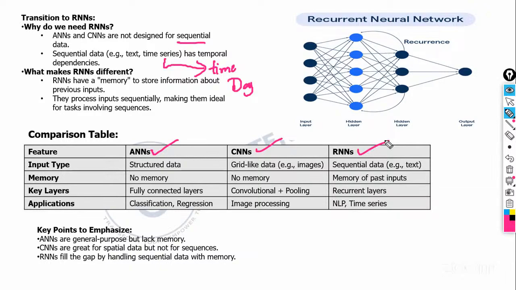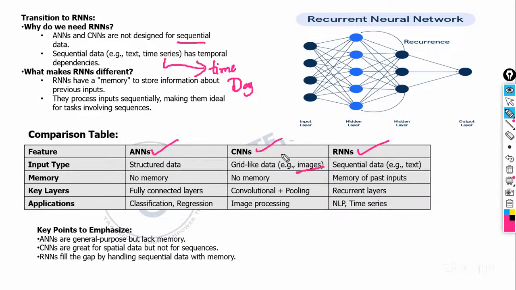With respect to input type, ANNs take structured data. It might be cross-sectional data or panel data. You can use any structured data. Yes, ANNs work well for structured data, but if you want to work on image data or videos, then CNNs come into the picture, friends.